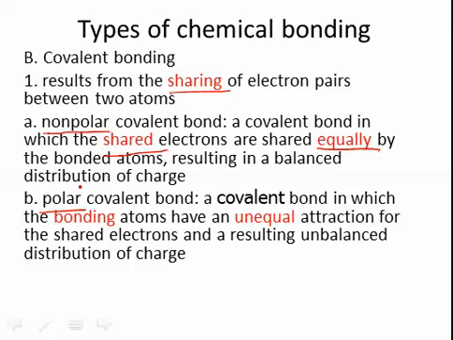In a polar covalent bond, the bonding atoms have an unequal attraction for the shared electrons, and there's an unbalanced distribution of charge. It'd be like if you shared a pizza and one person ate 5 pieces and the other person only got 3 pieces. That would be a polar covalent bond, unequal sharing.